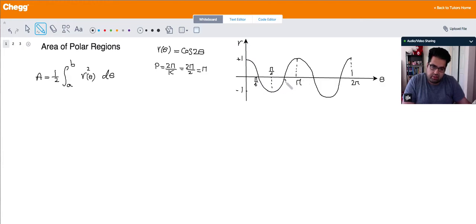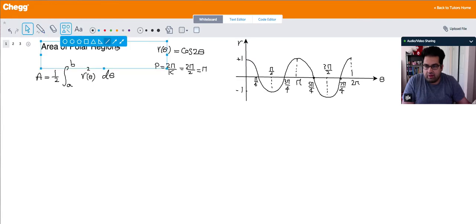Here is 3 pi over 4. And then pi. Here I have 3 pi over 2. And then here is 5 pi over 4. And here is 7 pi over 4. Okay, so as you see, the graph goes pi over 4, pi over 4, pi over 4. So we have sections of pi over 4.